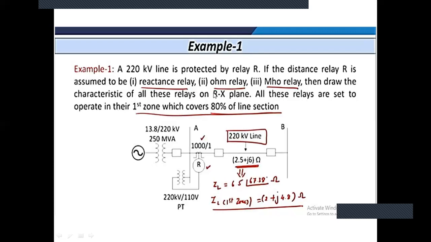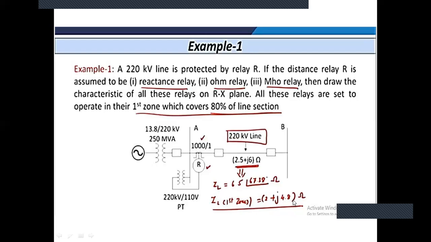So 80% of 2.5 plus j6 gives the first zone impedance ZL first zone, which is equal to 2 plus j4.8 ohm.